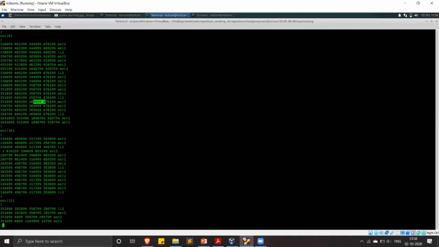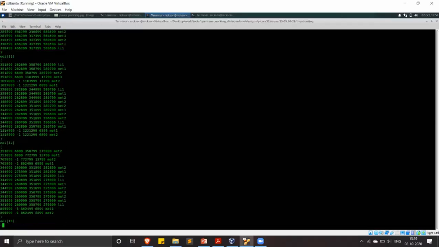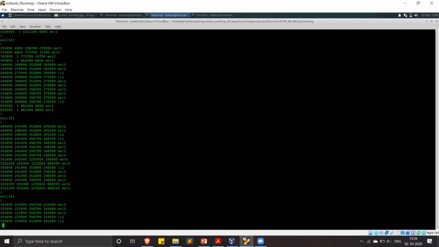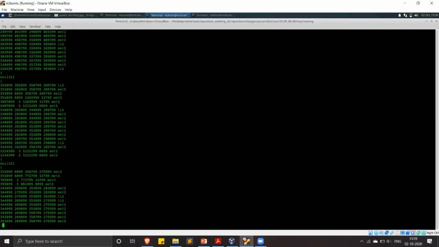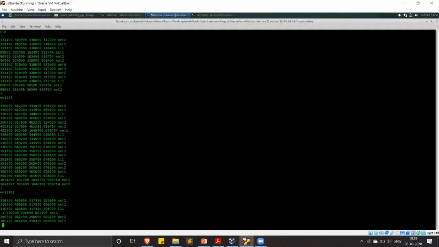So when you do a detailed routing, it will ensure that the routing actually happens within these routing guides. These are defined for each net. If you see, it is defined for each net. And clock was the first net.